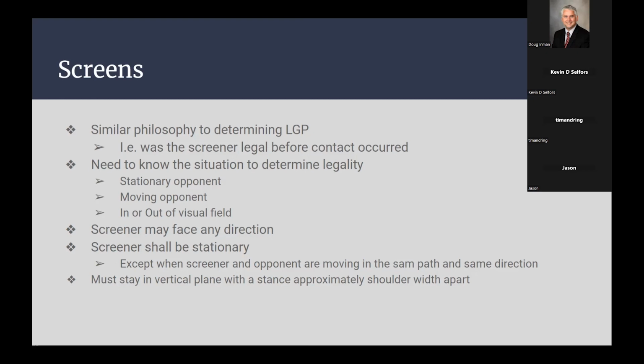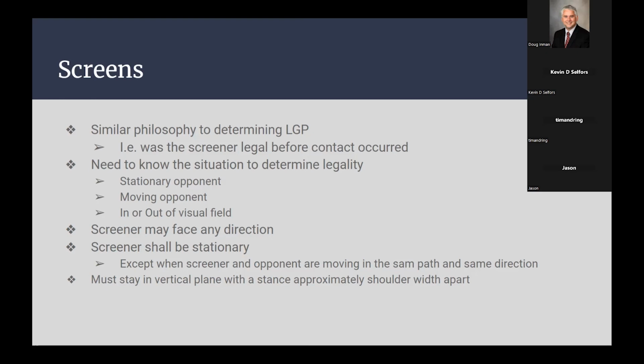The only exception there at the bottom is, I always think of it as a game of tag: the person in front running the same direction as the person chasing them, there's no time and distance. If the defense is chasing someone and the person in front stops and they crash into the back, it's on the person behind them.